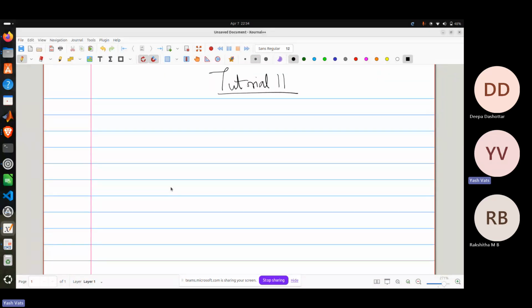So this time we are going to see composite Simpson's rule and composite trapezoidal rule, and some questions over that, and Simpson's rule.